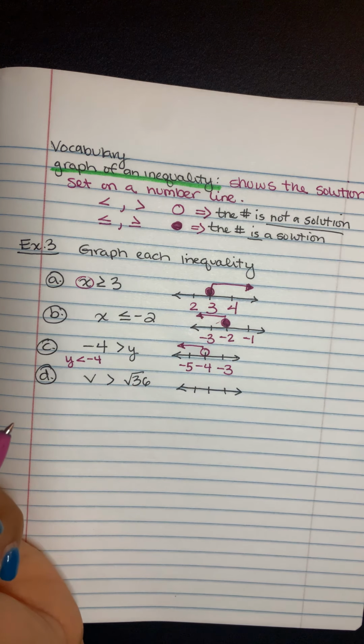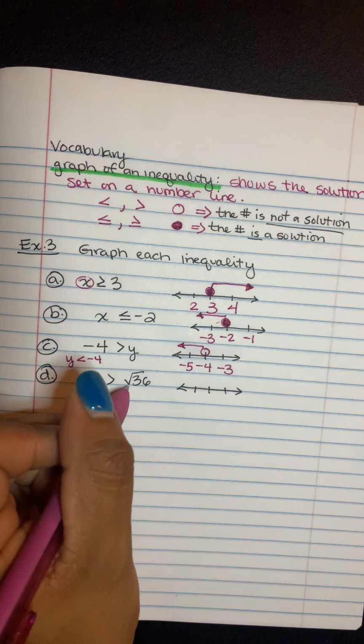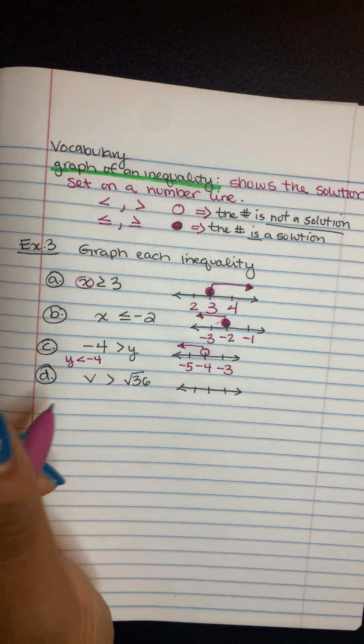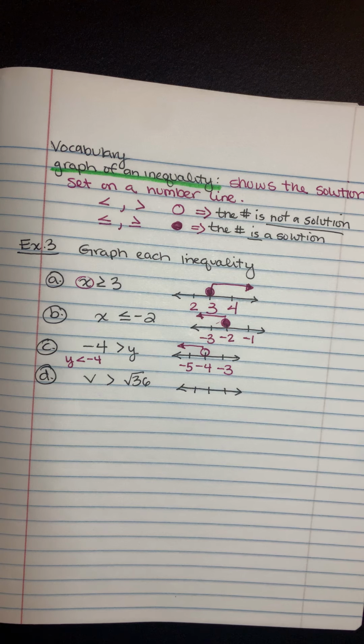Okay, the last one. We have v is greater than square root of 36. Anytime you're taking the square root of a number, you're asking yourself, what number, when we multiply it by itself, is going to give me 36?